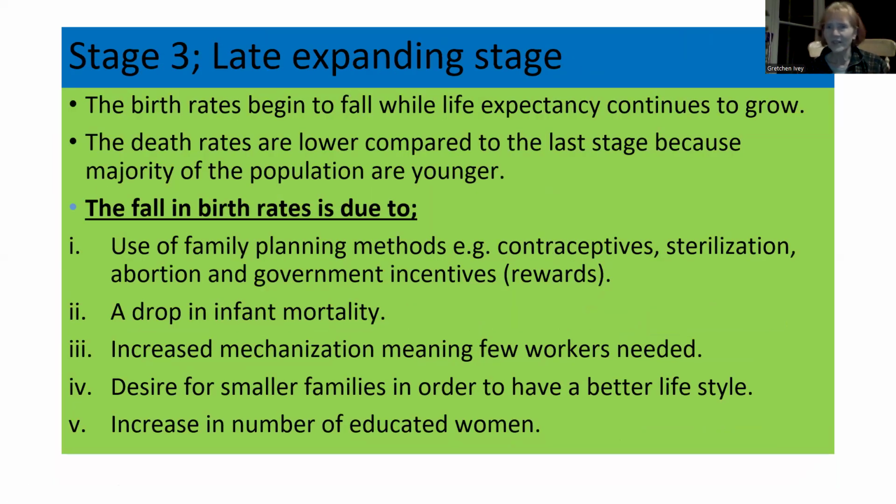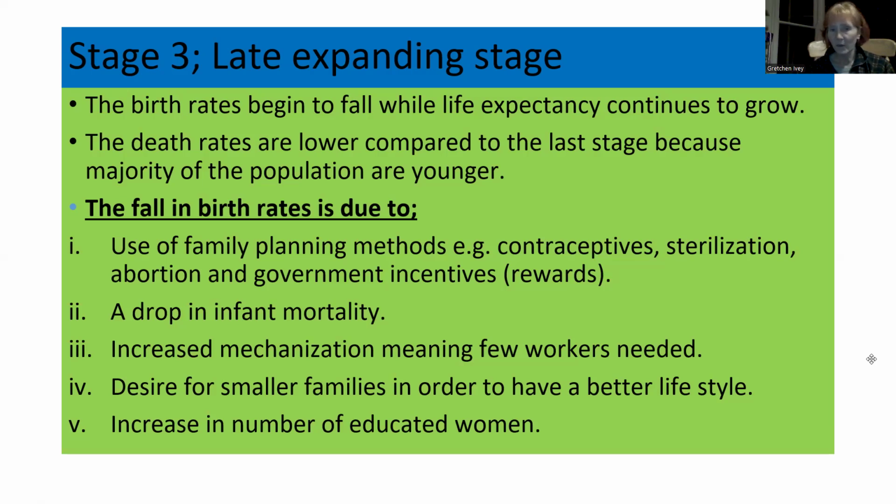So what exactly is stage 3? We've talked about countries that have transitioned from stage 2 into stage 3. So what exactly is stage 3? Well, I'm going to tell you. The birth rate begins to fall while life expectancy continues to grow. People are living longer, and the death rates are lower compared to the last stage because the majority of the population are younger.